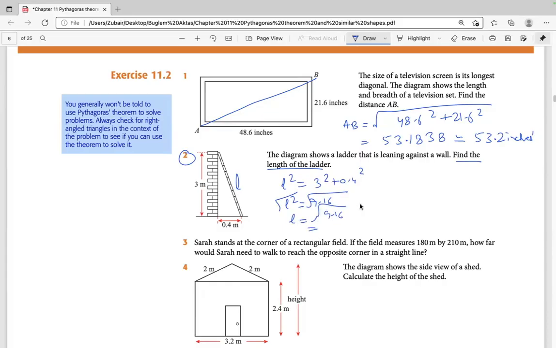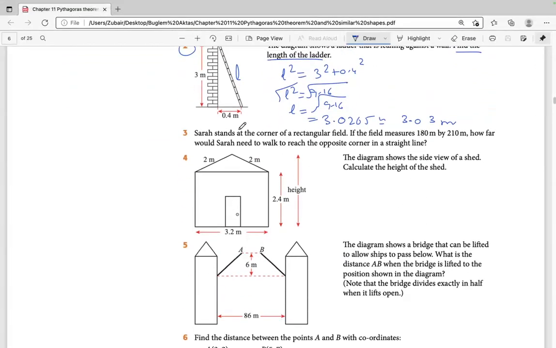That gives me 3.0265, which is approximately equal to 3.03 meters, to two decimal places or three significant figures.